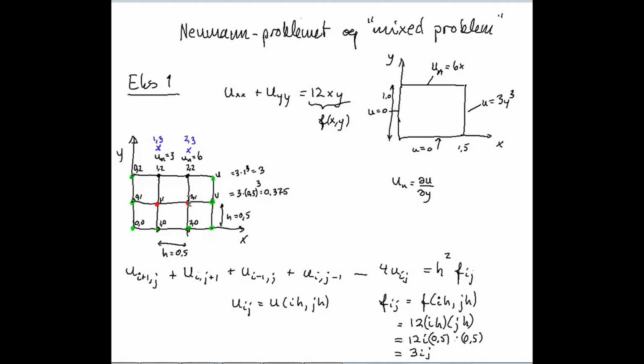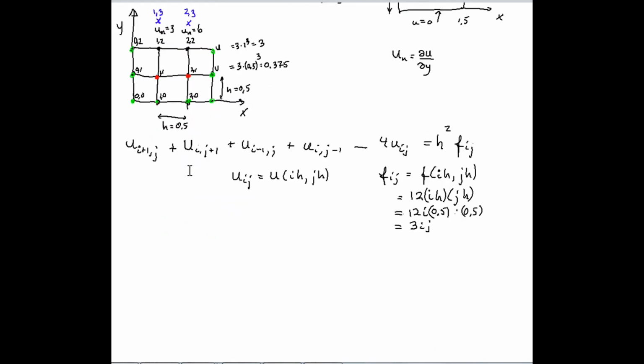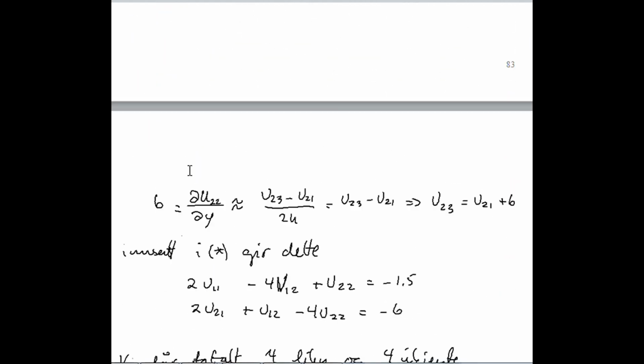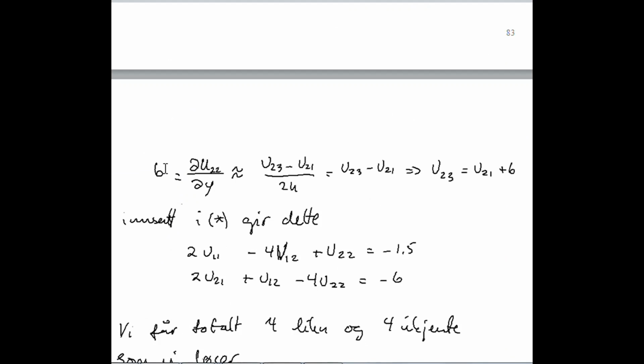On this point it's twice as much, so x is in fact 1, so therefore it will be 6 in this point. And we get a similar equation for this. We get that 6 is equal to the partial derivative at that point with respect to y, and writing this out in the same manner, we obtain that u_23 is equal to u_21 plus 6.